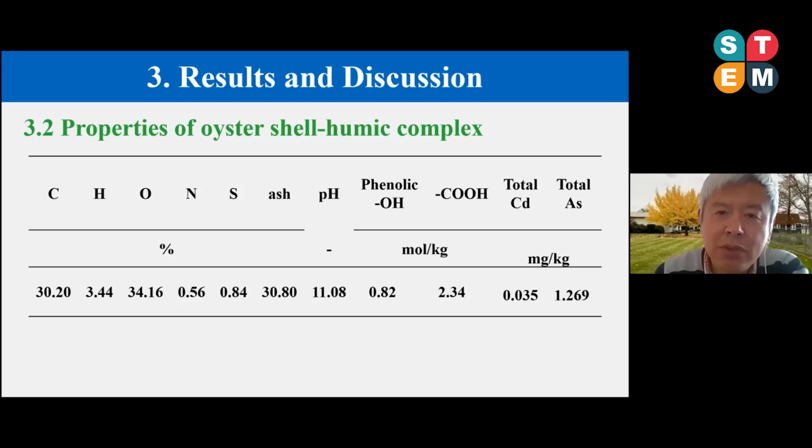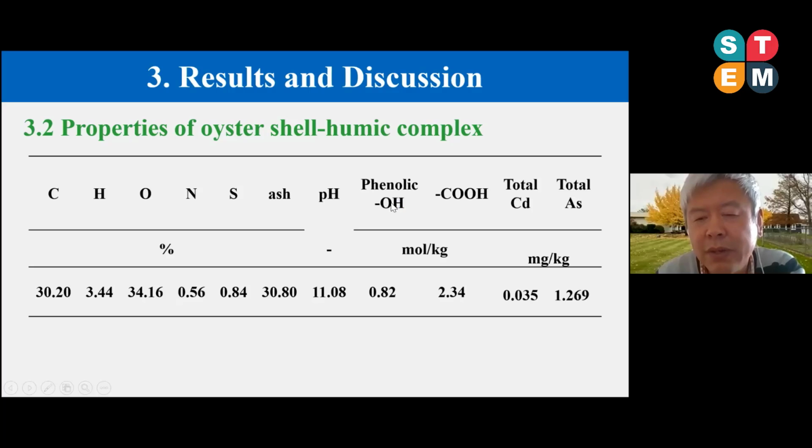And in terms of the complex, the oyster shell humic complex, of course this material has an inorganic component, as shown in the ash content, and an organic component characterized by high carbon content, 30%, oxygen content, and some nitrogen and sulfur. But more important to my work are the functional groups of this material.